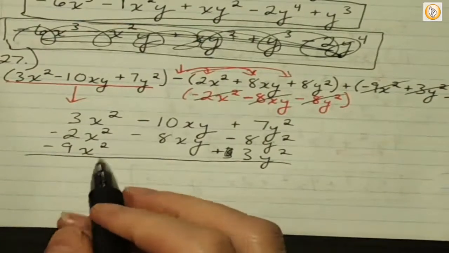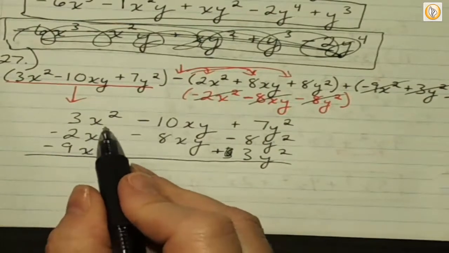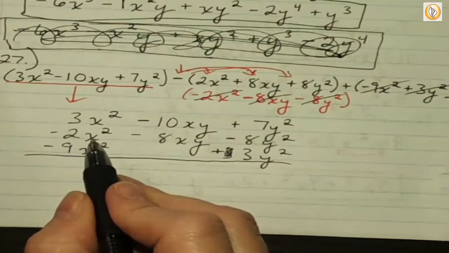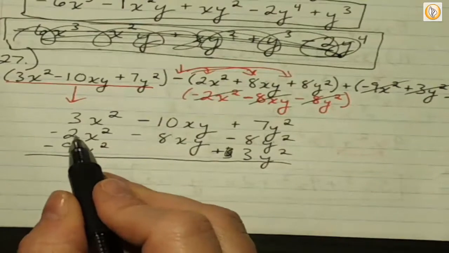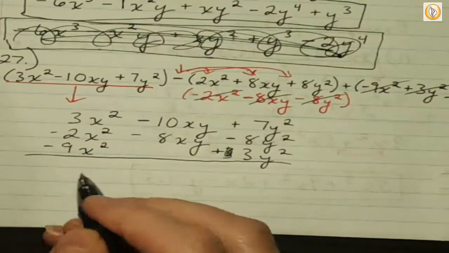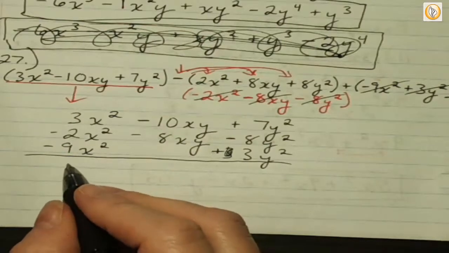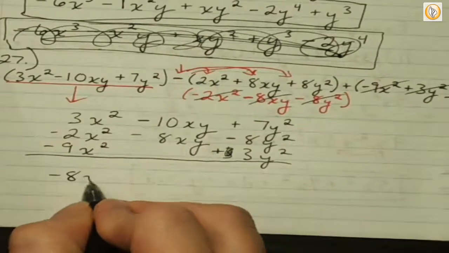What is 3x squared and negative 2x squared? X squared. Then what's 1x squared and negative 9x squared? So positive 1 and negative 9. There you go. Negative 8x squared.